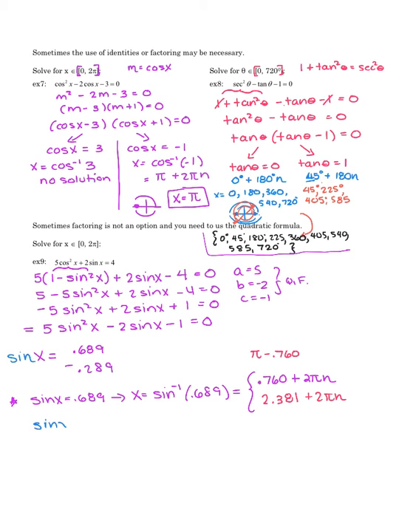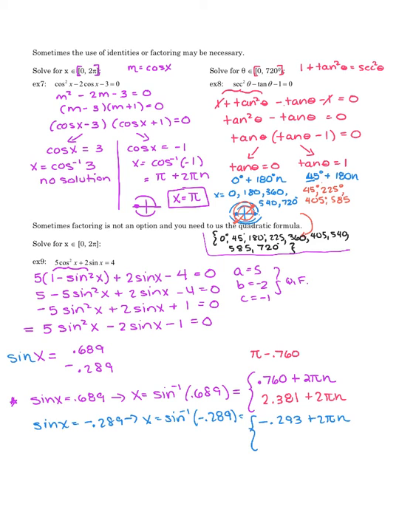Now we have to find the answers that go with negative 0.289. So that means x equals the inverse sine of negative 0.289. And again, we will have two solutions. So on your calculator, second sine, negative 0.289, we get negative 0.293 plus 2 pi n.